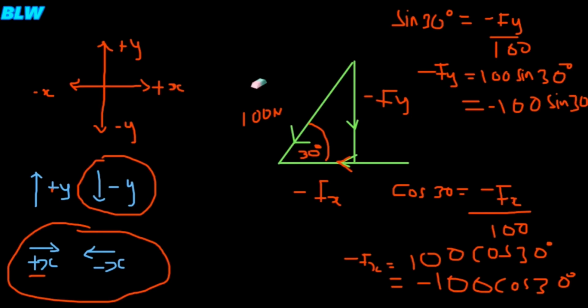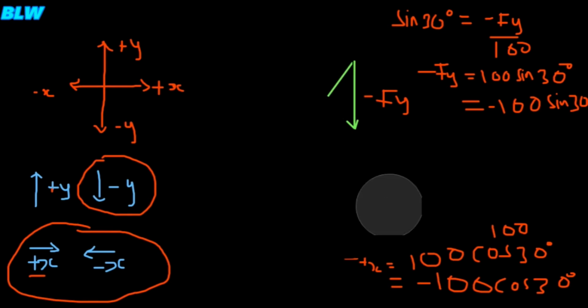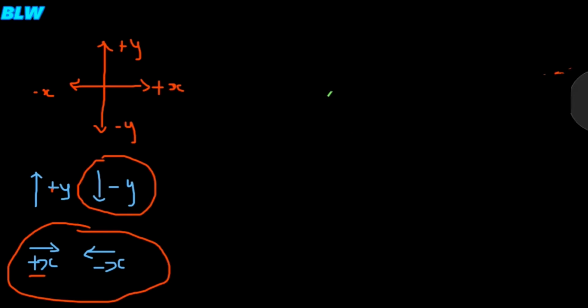Okay, so let's try our hands on another example. In this case, I have a force pointing downwards like this. So this is the force. And this force has a y component, and then also an x component. Then I put the main direction of the force at the top.